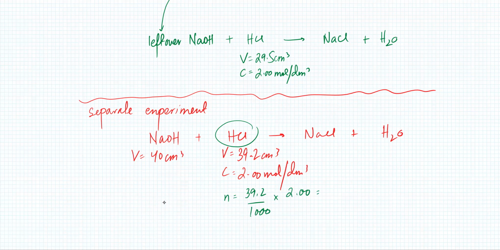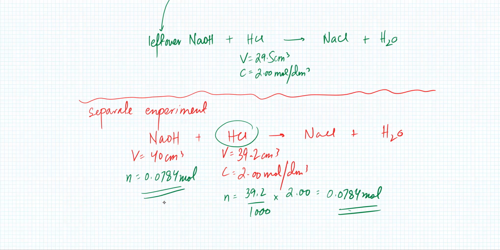So what do we get for this? 0.0784 moles of HCl. NaOH and HCl are 1:1. So the moles over here would be exactly the same. It's going to be 0.0784 moles as well. So you're going to get exactly the same moles.